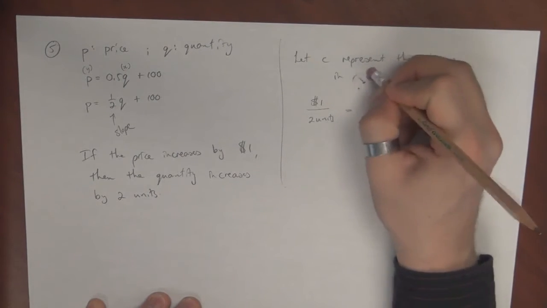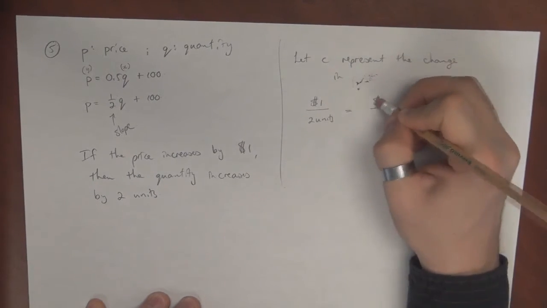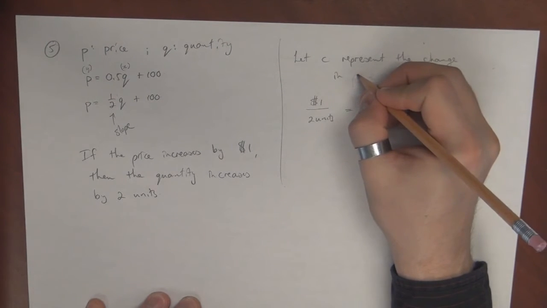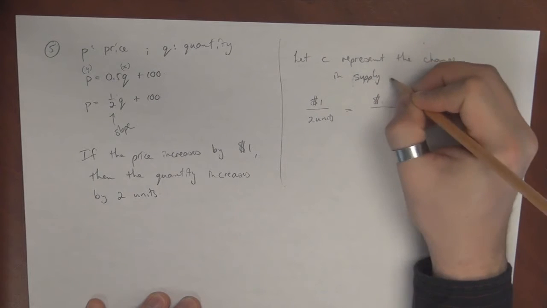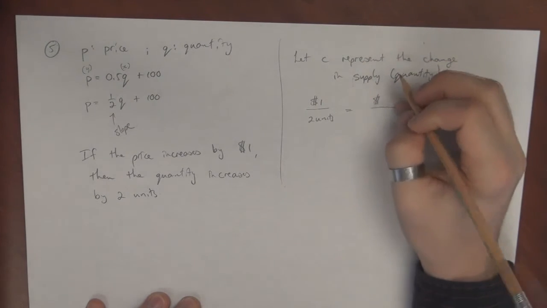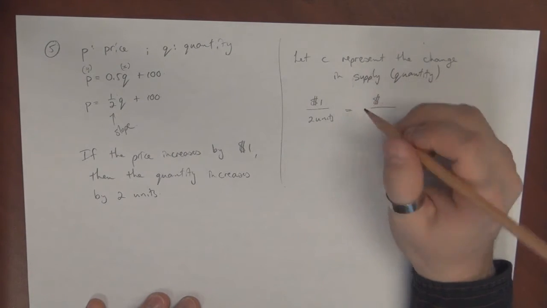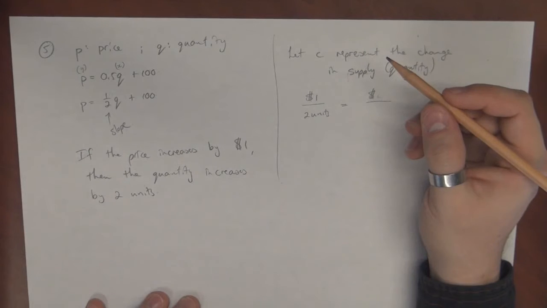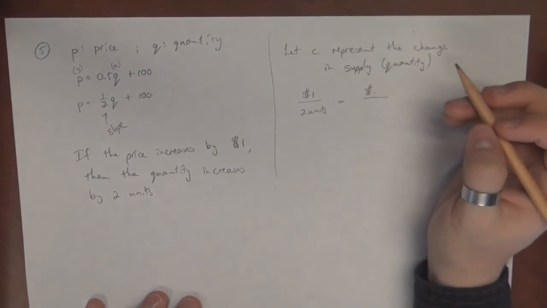So you see how easy it is to swap these around. I'm looking for the change in supply, which is a change in quantity. So you see, even regardless of how many times I do these things, I still have to read carefully and not assume the question is asking one thing, but read the question carefully.